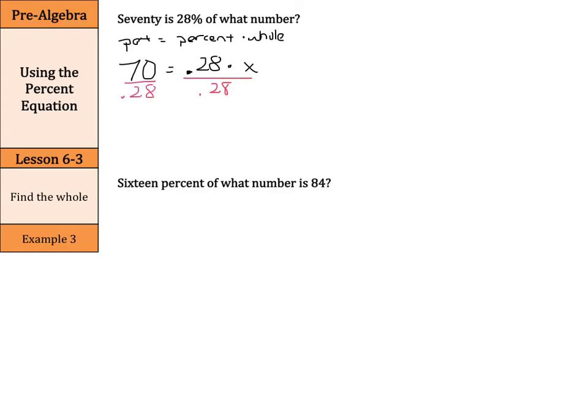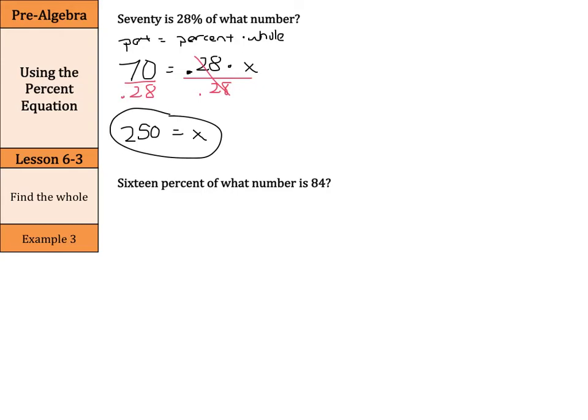Now, before we divide this, should we expect a bigger or smaller answer? When you divide 70 by a whole number, you break that into smaller parts, but as we divide this by a decimal, you should expect a bigger number. And sure enough, 70 divided by 28 hundredths is 250. So 250 equals x. And that should make sense. 70 is 28% of a larger number, and that larger number here is 250.